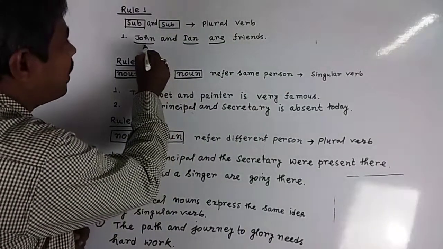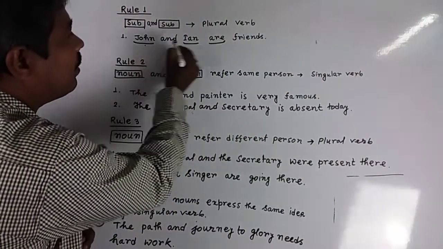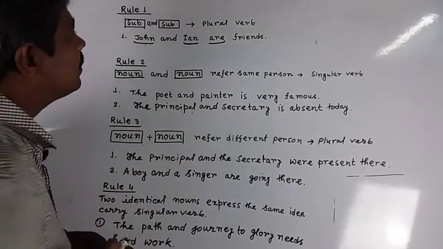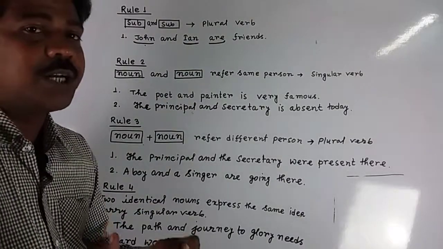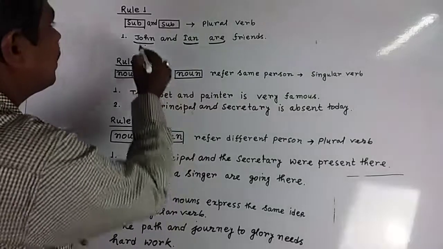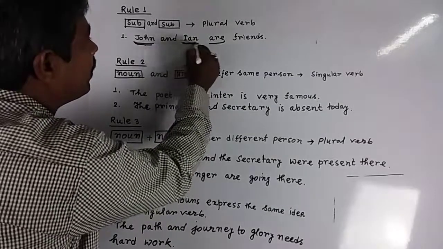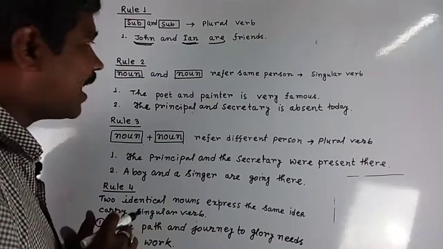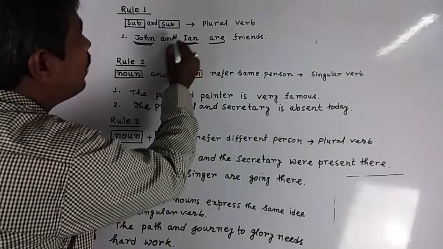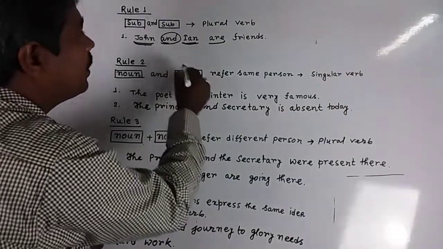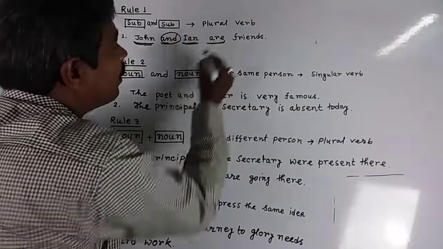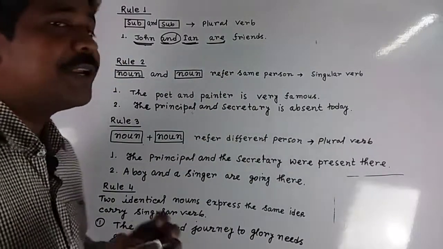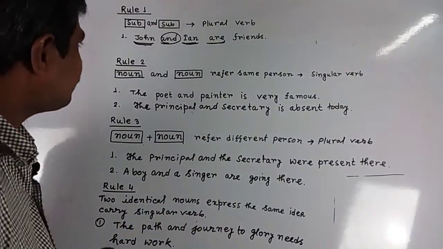So John is a subject, third person singular number. Ian is another subject, a noun. That means John is a noun, Ian is a noun, and these two nouns are joined by and. That's why we have written the plural verb. John and Ian are friends.